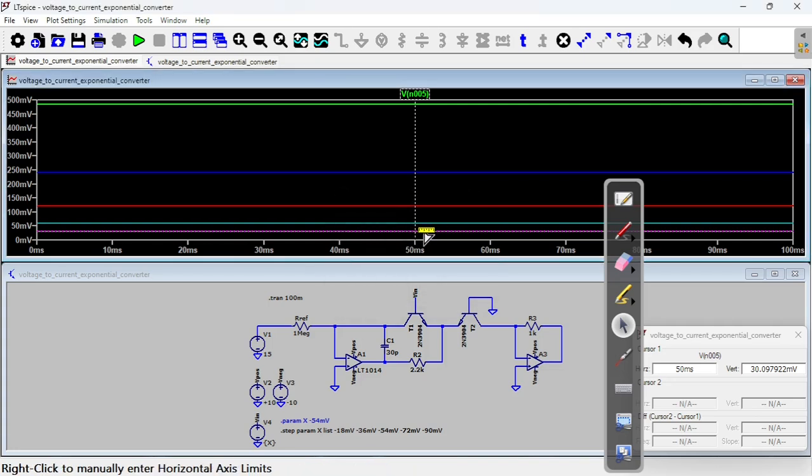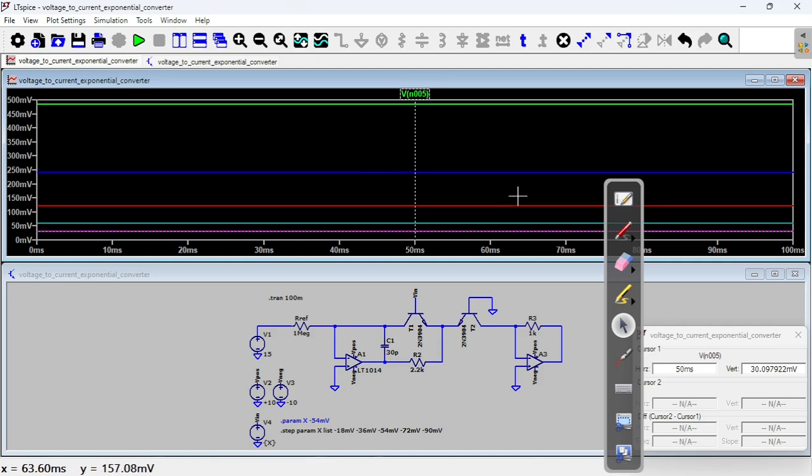Okay, so this is minus 18, minus 36, minus 54, minus 72, minus 90 in millivolts. And as you can see, it's doubling every time. For instance, if you look at this one, it goes from probably 60 to 120, then from 120 to 240, 245 maybe, and then it goes to probably around 490.